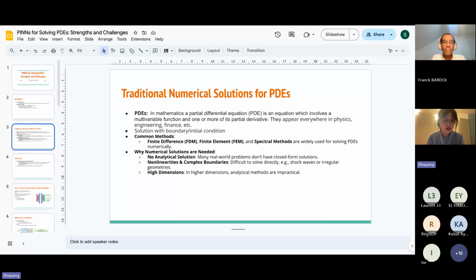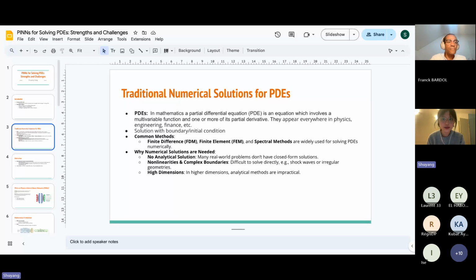And since your function has more than one variable, once you take the derivative with respect to one or several variables, it is called a partial derivative. So a partial differential equation is nothing but an equation consisting of the function itself and its partial derivatives.